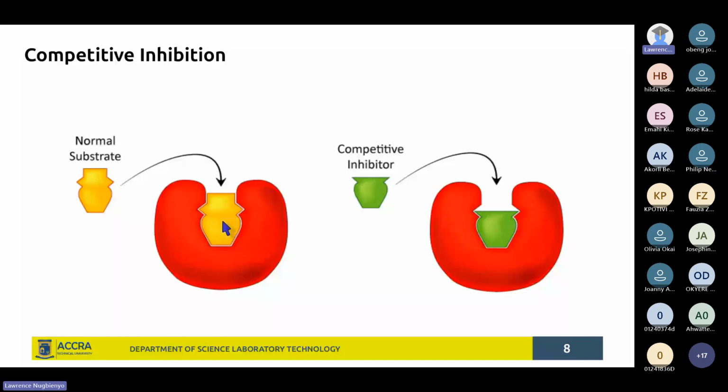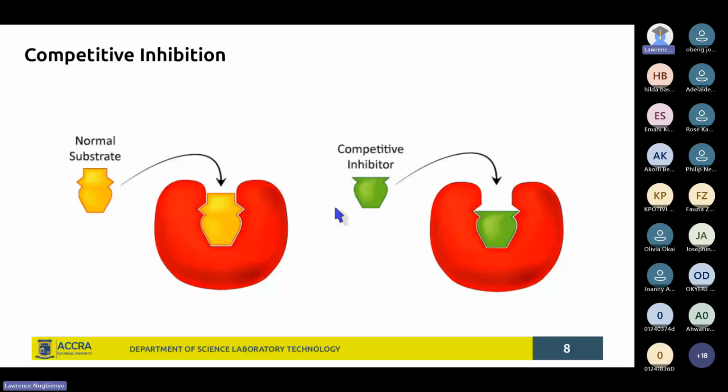If we take a close look at the competitive inhibitor and compare it to the normal substrate, you realize there is some resemblance between the inhibitor and the substrate. The inhibitor is, in this instance, usually referred to as a structural analog of the substrate.